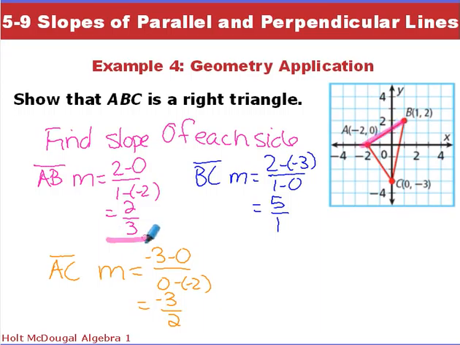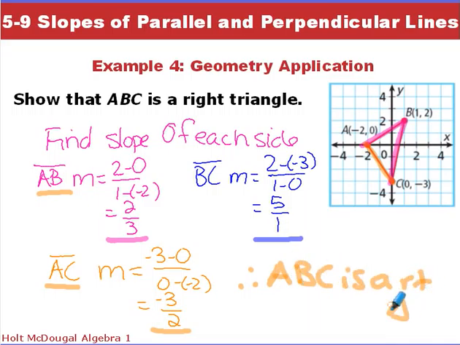The slope of segment BC, for that side, is 5. And the slope of AC, this side here, is -3/2. These two are opposite reciprocals, so therefore it is a right triangle. ABC is a right triangle, and the right angle is here at that corner.